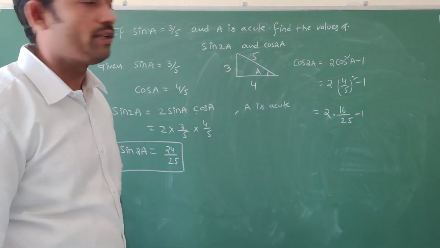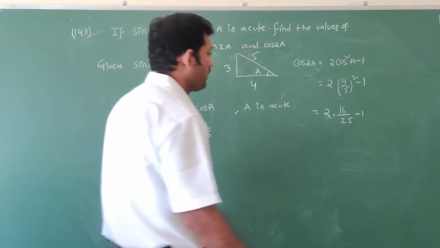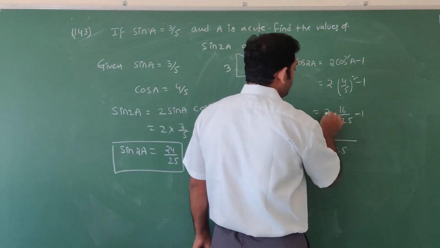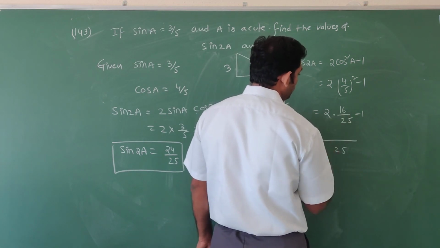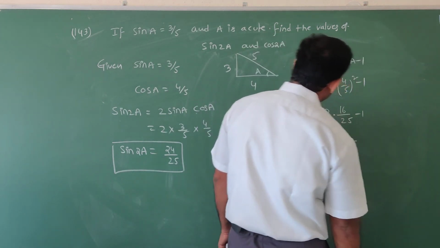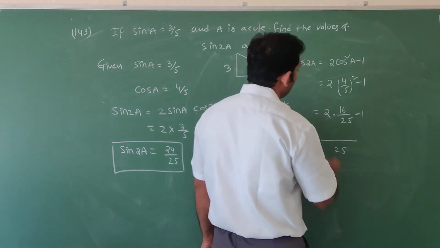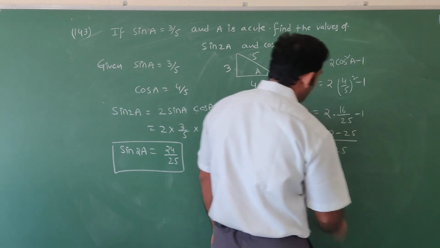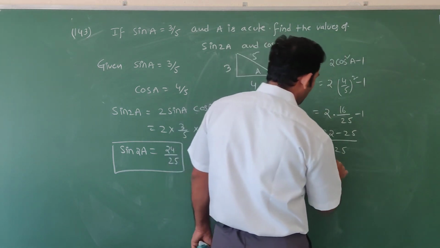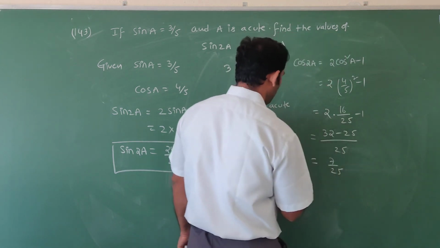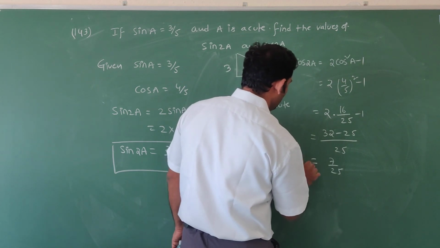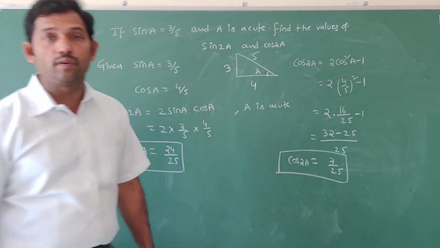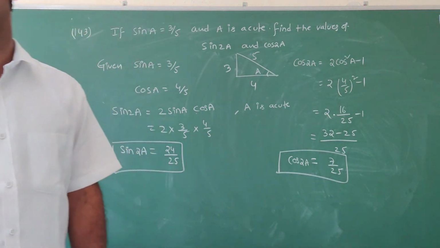Then simplify. The LCM is 25: 16 into 2 is 32, minus 25. So cos 2A is equal to 7 by 25.